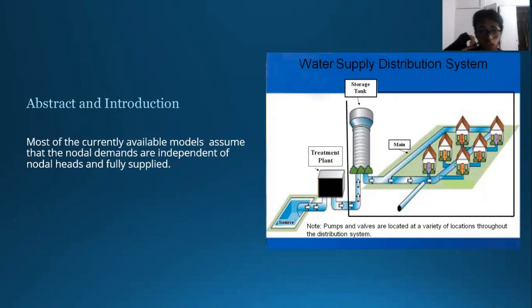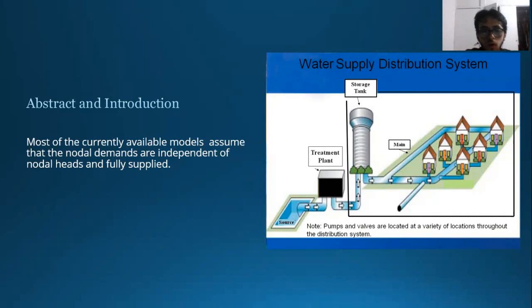If we consider that the head gives just a little bit of discharge, that relationship between each node is the head-driven analysis method. That's the concept for the abstract about what the article is trying to tell us.